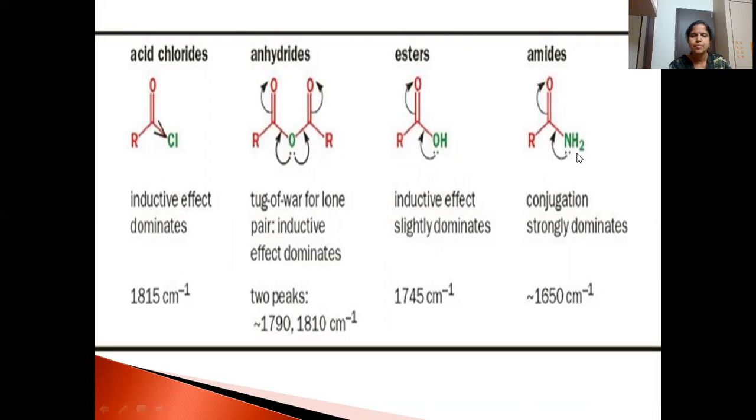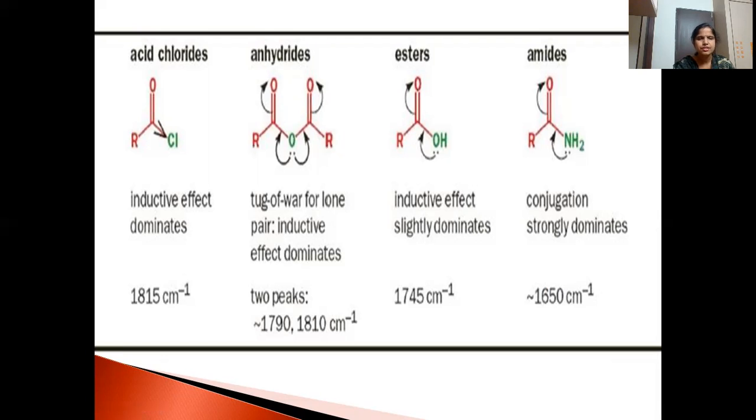If we take an amide, the nitrogen lone pair electrons are delocalized in this way. So what happens to C=O? It becomes C-O, and C-O means the bond length is increasing. Therefore, the K value decreases and the vibrational frequency also decreases.